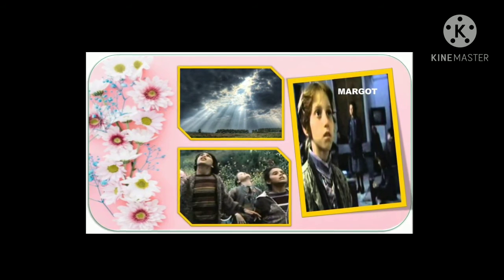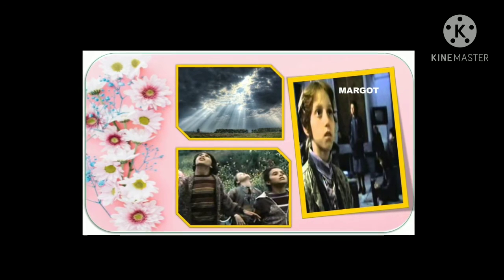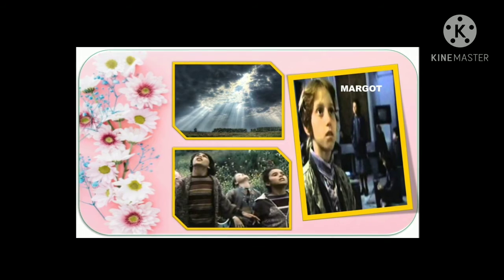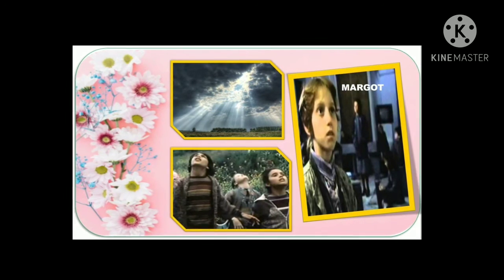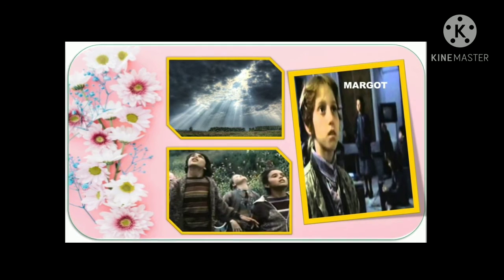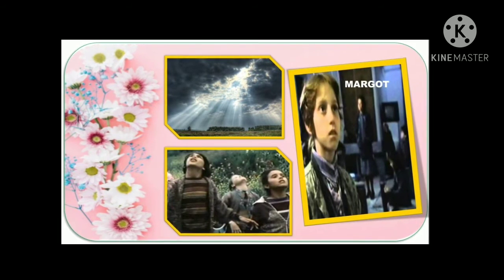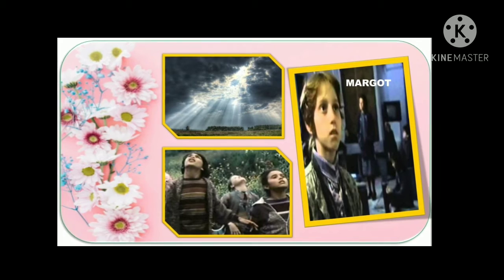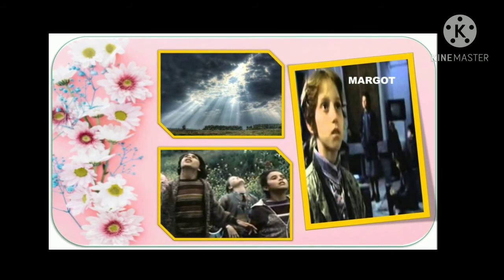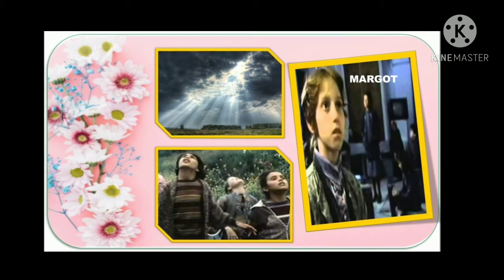The moment they sang about the sun, her lips moved. She had come to Venus 5 years ago. She remembered the way the sun was when she was 4 in Ohio, USA. Okay, who is Margot? How is she different from the rest of the children?